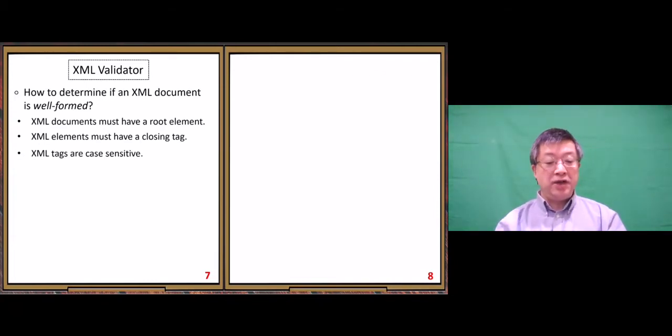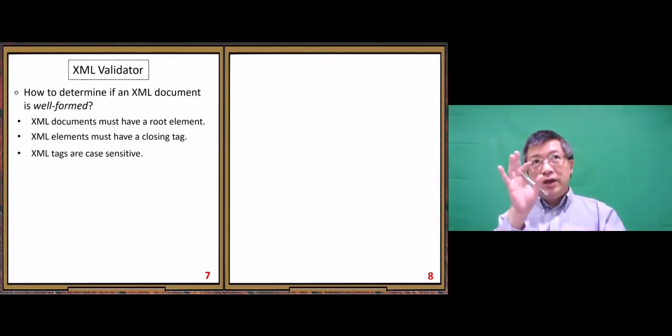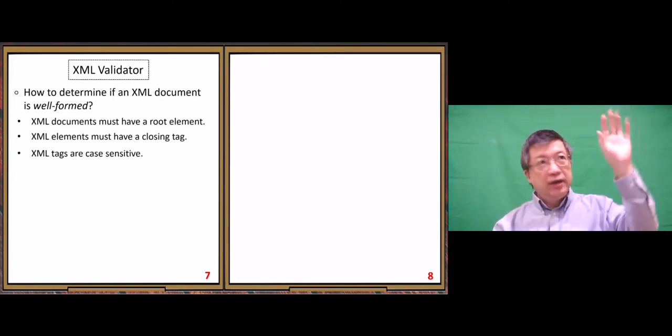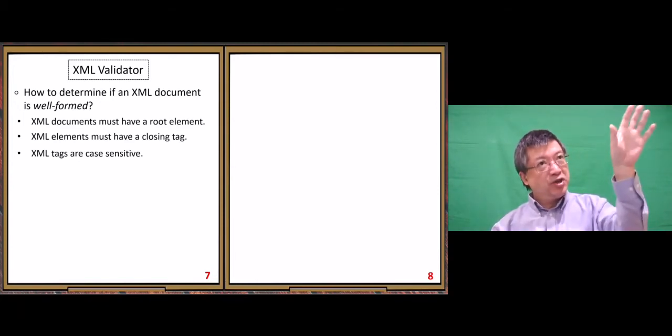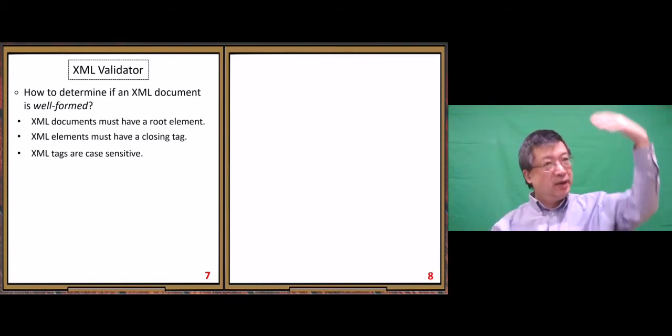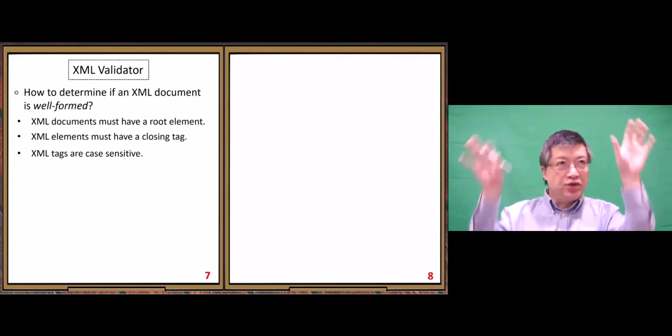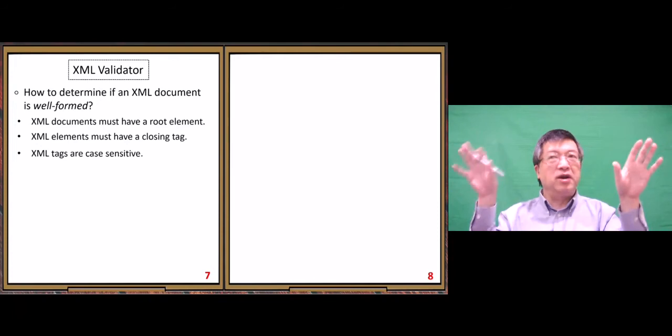XML tags are case sensitive. How to check this rule? When you use a tag name in the opening tag with some special spelling, uppercase, lowercase, then in your closing tag, you should use the same uppercase, lowercase.